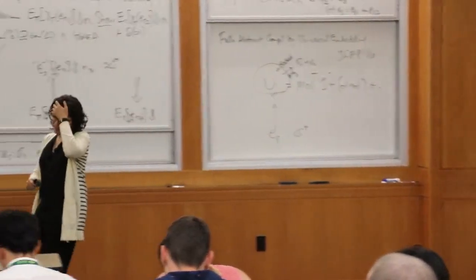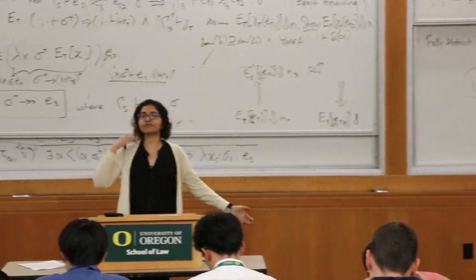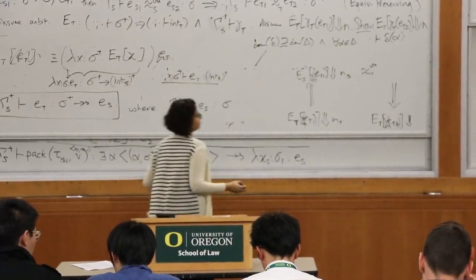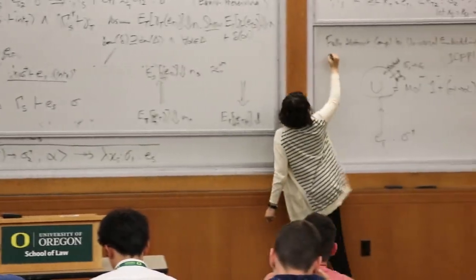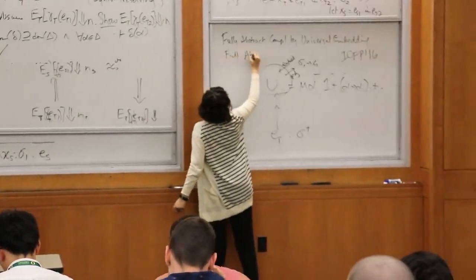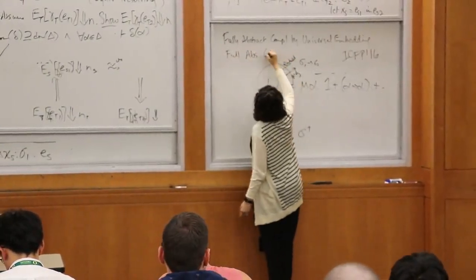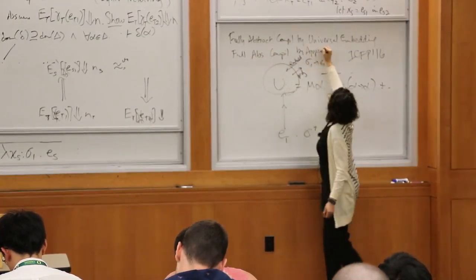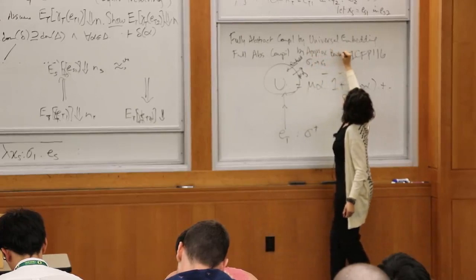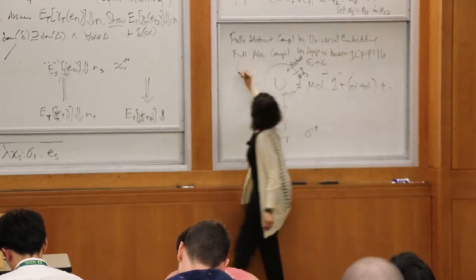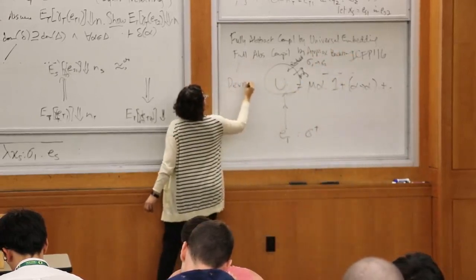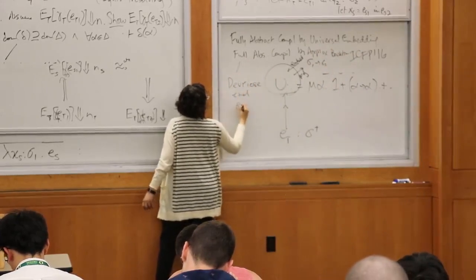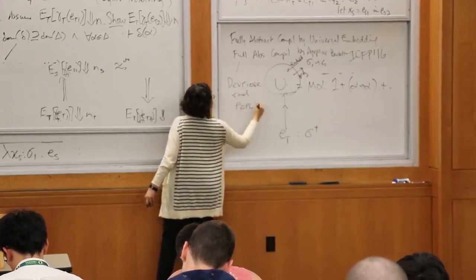It is called Fully Abstract Compilation by Approximate Back-Translation, I think. So this one is Devriese et al., POPL 16.